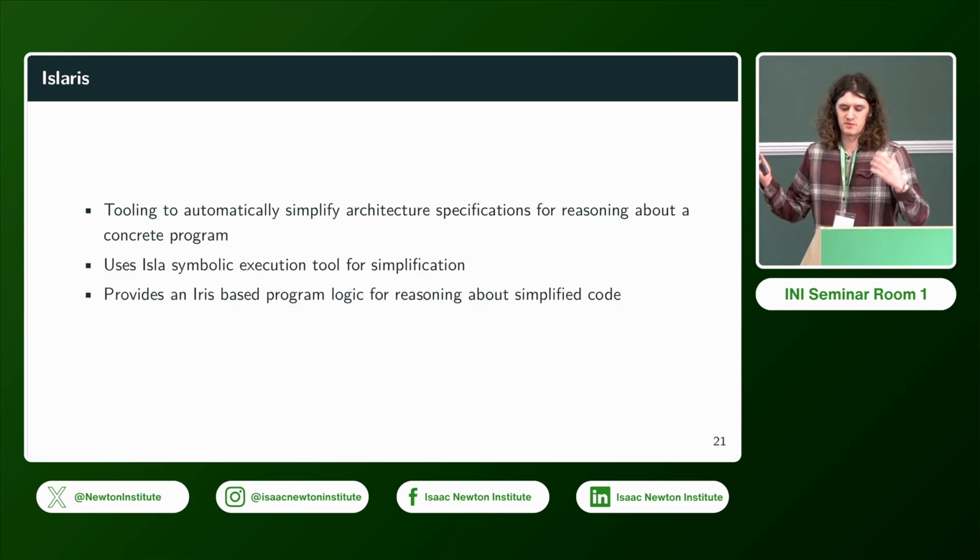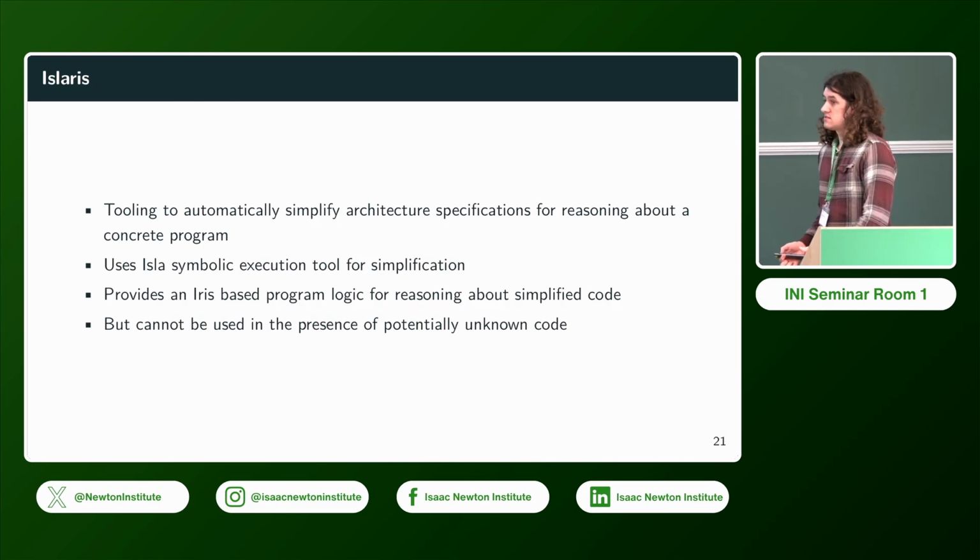And we give an Iris-based program logic for reasoning about the resulting simplified code. If you have simple instructions, things that just do arithmetic on registers, they really do go from this enormous unwieldy specification to one line of read this register, compute this value from the read value, write that value back. And you just get one line of pure arithmetic reasoning.